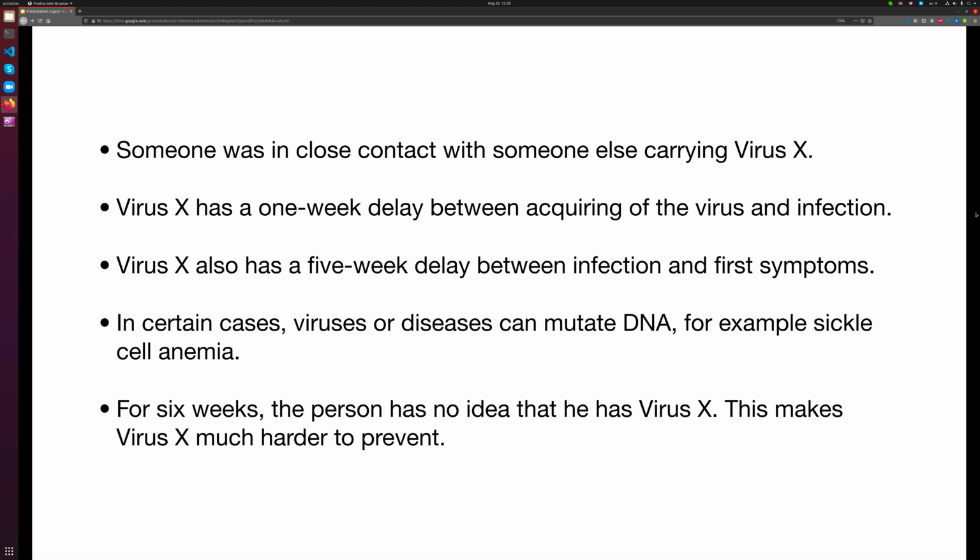But after that delay, you could maybe notice, oh, I have this disease. But maybe, in certain cases, it can even be an unknown mutation that isn't even tied to a disease. Maybe the symptoms that you experience never happened with this given disease before. And you need to go to the hospital right away, but you don't even know what disease you have.